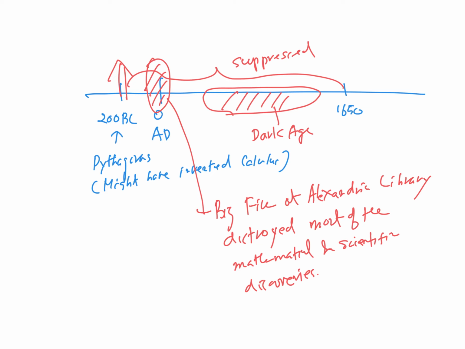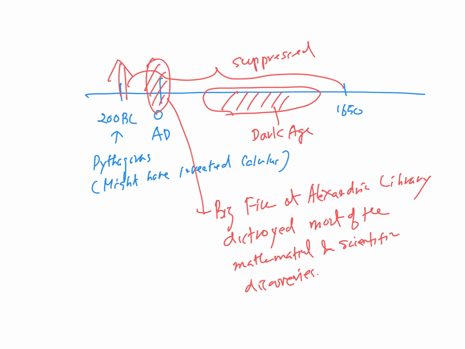The Dark Age lasted around 1,000 years, and it was under the name of religion. I'm not very anti-religion, but from the historical background, religion suppressed most of the scientific discoveries during the last 2,000 years.